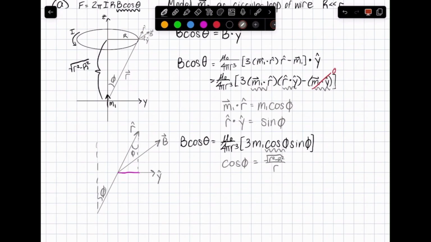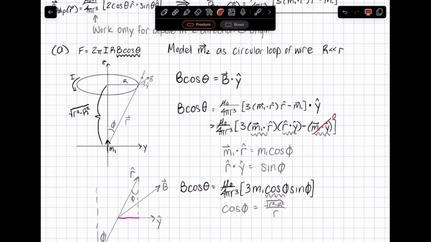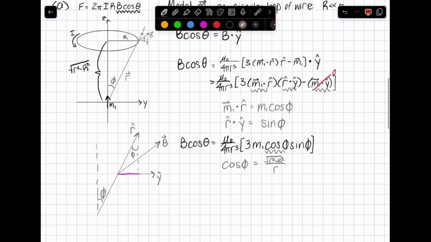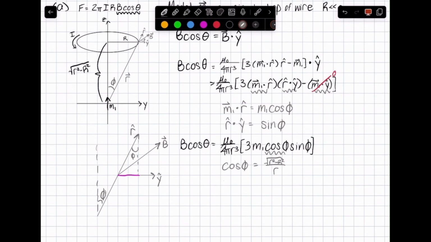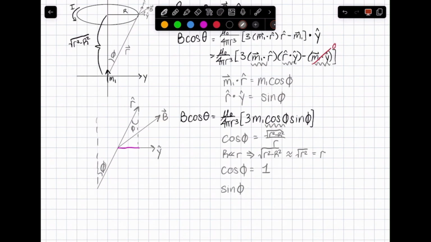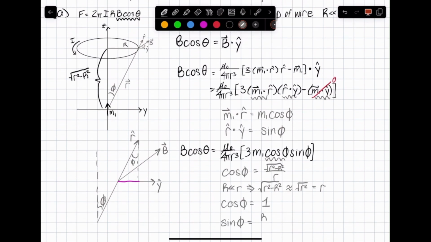Remember what I said before: we're modeling M2 as a circular loop of wire where big R is much less than little r. So in the case where big R is much less than little r, this value in the square root is approximately equal to the square root of r squared, which of course is just r. Therefore cosine phi is equal to r over r, or 1.